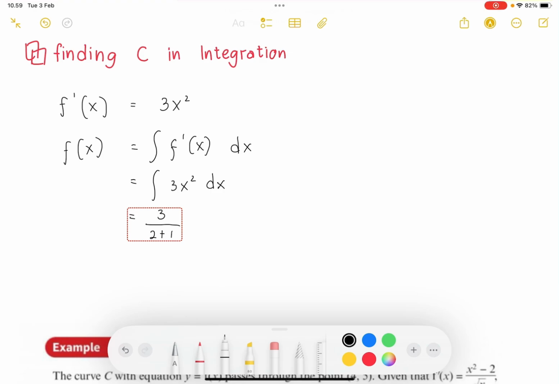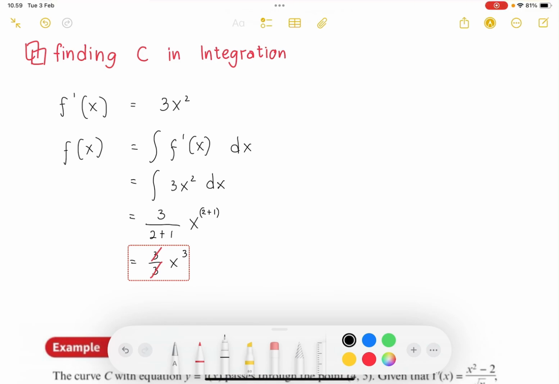It means you add by 1. What you put being the denominator, you will put it in the power of x also. So later, we'll get 3 over 3 x to the power of 3. Since we know 3 and 3 divided is going to be 1, you need to write x to the power of 3.